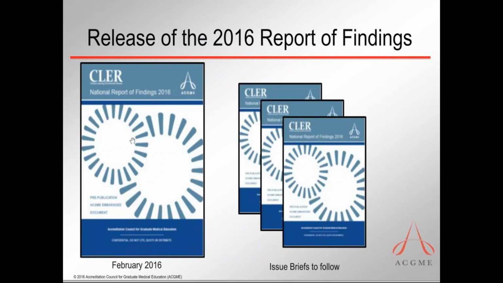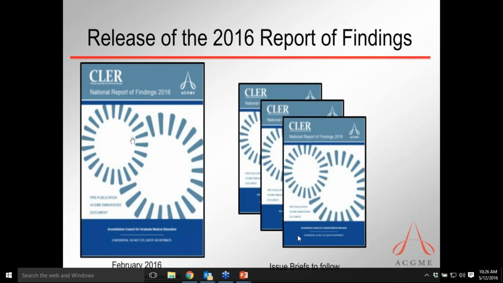So the National Report of Findings was an embargoed copy, was released in February, but the copy that's available to everyone was just released about 1 or 2 weeks ago. And the link for that is also in a resource that I provided for you. It's again a pretty dense document with a lot of tables in there. Once again, you will not find your institution in there identified as such.